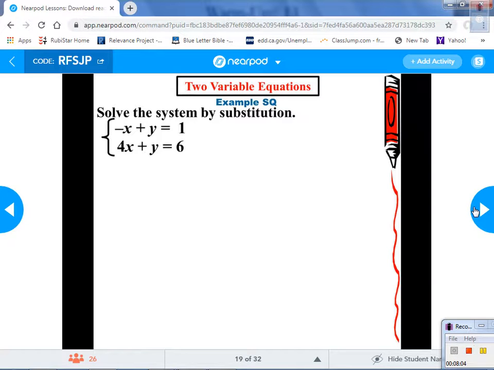All right? I'm going to go over this one just to remember the process, and then you're going to do one by yourself. So, put your utensils down, look up to the screen. Here we go. Focus, please.